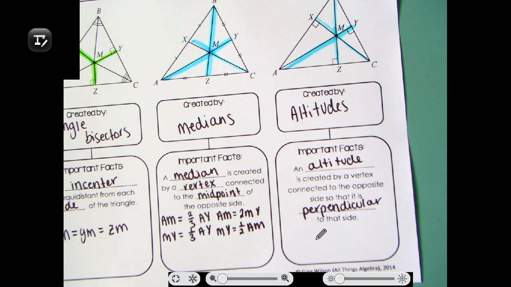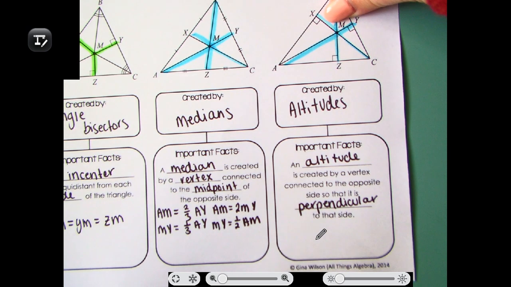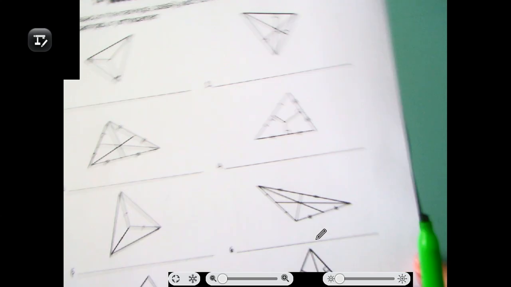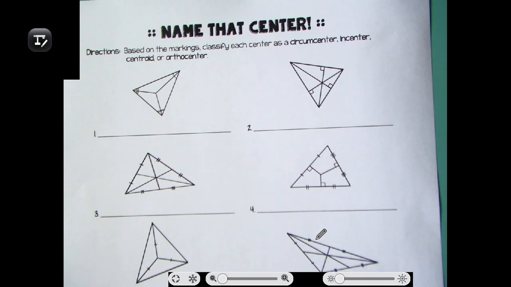And then the next thing I'm going to go over with you is a Name That Center practice. So I am going to move this away, and you should get a worksheet as well that looks like this. Name That Center. I'm actually going to go over this with you. Pause if you need to get this out or get a copy of this handed to you.